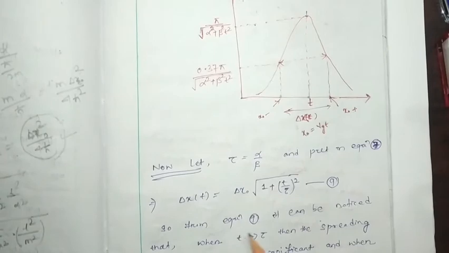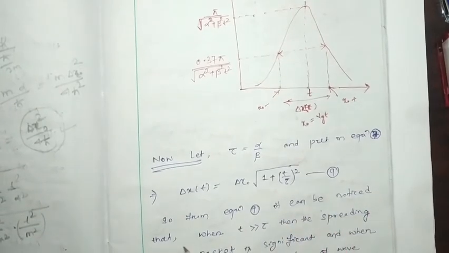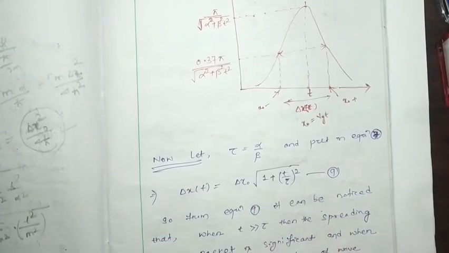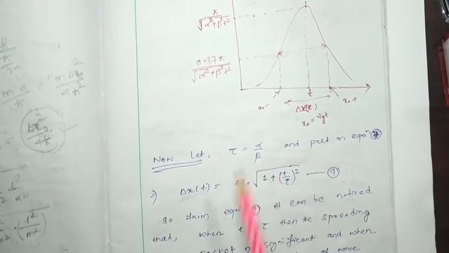So from equation number 9 it can be noticed that when t is greater than tau, the spreading of the wave packet is significant. That means del x will be significant, del x will be increased.